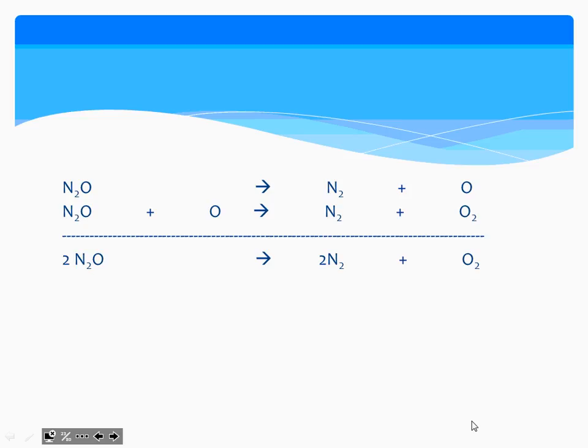So, if we were writing this reaction, what type of reaction is this? A decomposition reaction. It's breaking down a compound into its constituent elements. We would only write this part.